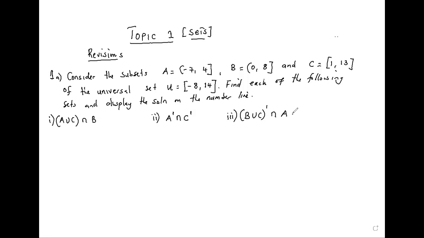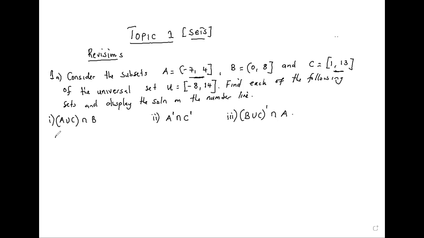So in sets, I think this is the most critical part. This is where we find it a bit difficult. I've seen so many lines that just get mixed somewhere. So when you are given sets of this kind, and you're asked to find each of the following sets, like part 1, A union C. So let's go to A. A is -7 to 4, and C is 1 to 15.